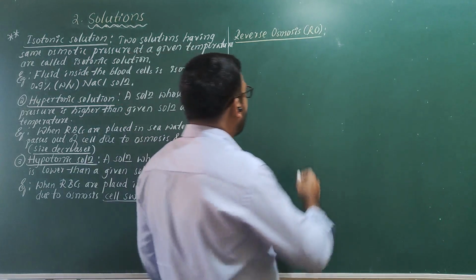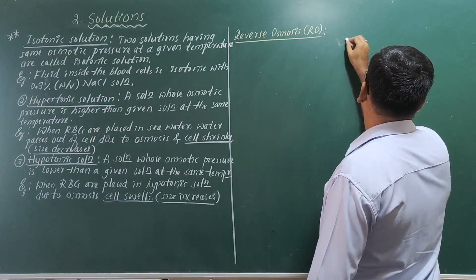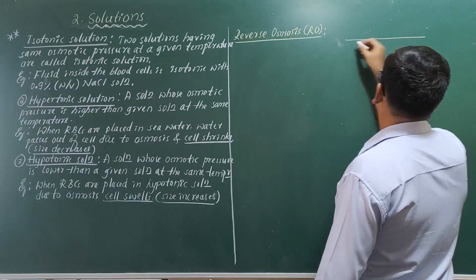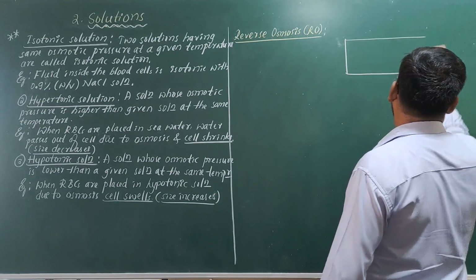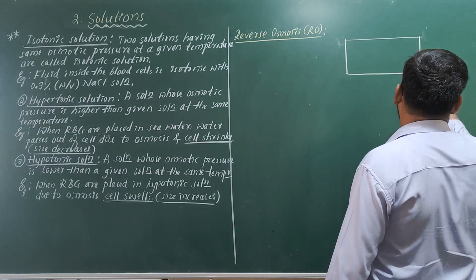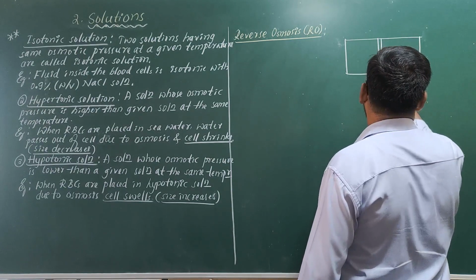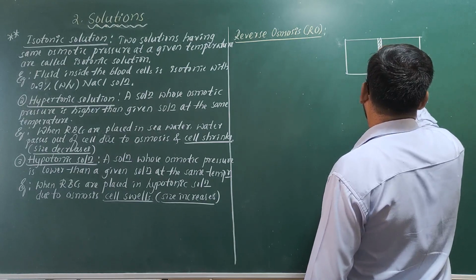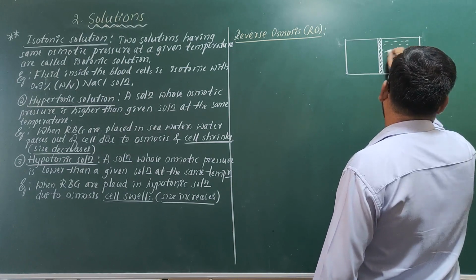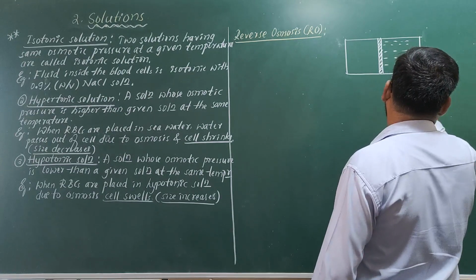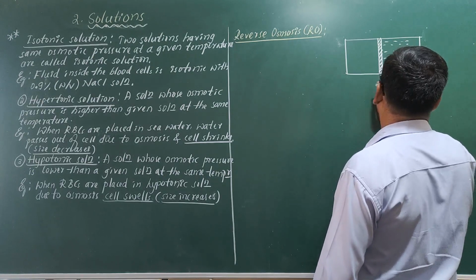In order to understand what reverse osmosis is, once again let me draw a setup for osmosis. I am taking seawater and pure water. Pure water is the pure solvent and seawater is a solution. As usual, this is the SPM, semi-permeable membrane.